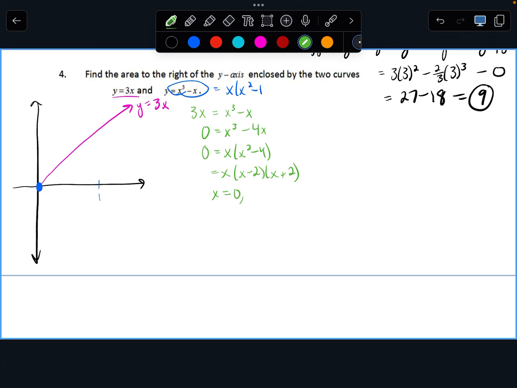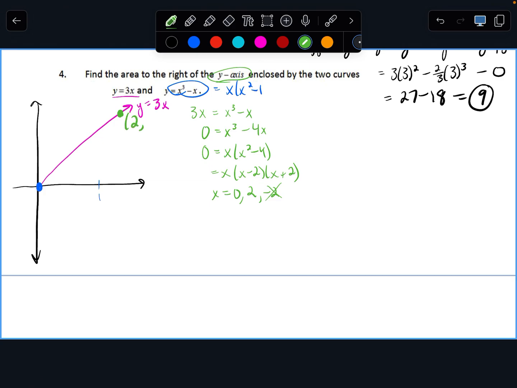So it's going to intersect at 0, thank you, 2, and, well, negative 2 is lame, because it's to the left of the y-axis, so I don't care about that one. Like, cool, they intersect there, but don't really care about it. So I know it's going to intersect at 2.